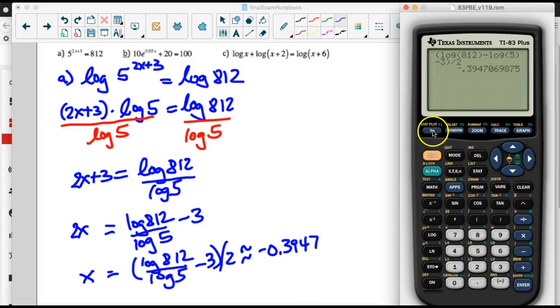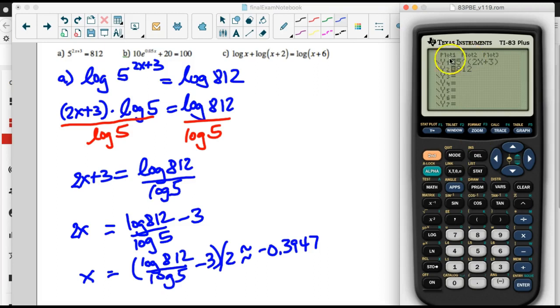Now let's verify this by using the graphing function. We would put in the left-hand side of the equation, 5 to the power of 2x plus 3, and on the other one, we would put 812. That's the right-hand side of the equation.